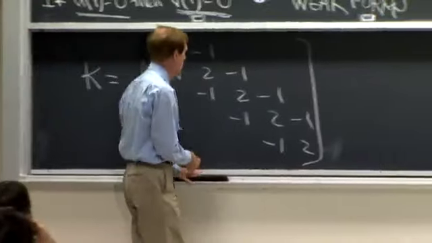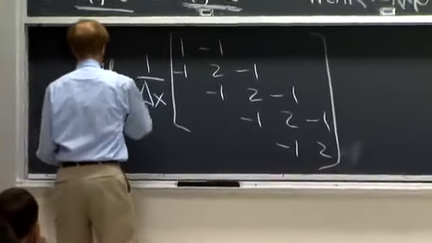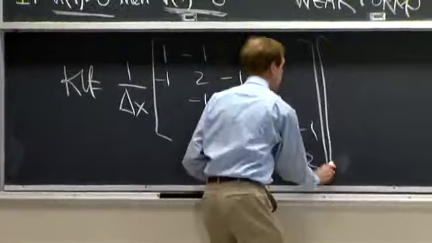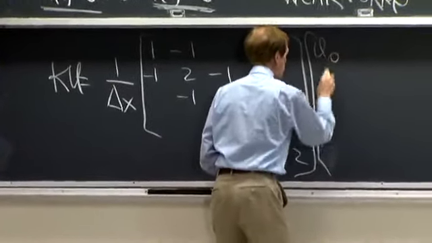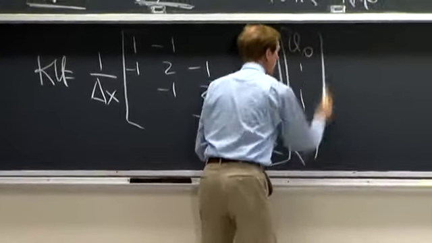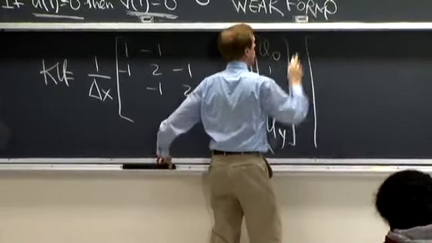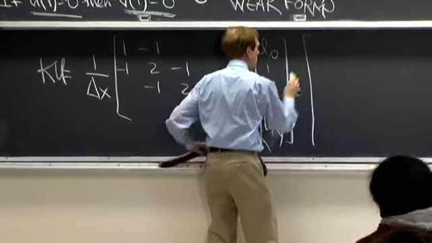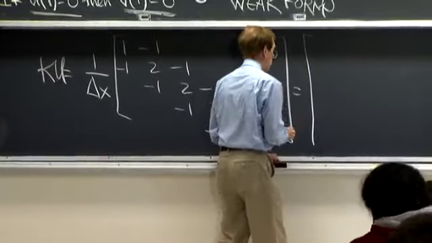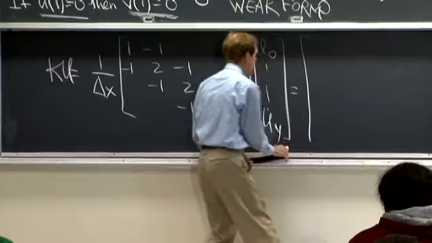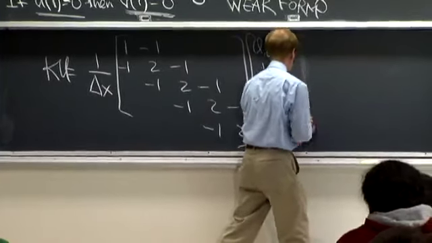And the F, so KU, this thing multiplies U0 to U4, and it produces F, which is the 1 over delta, which is what? Oh, delta x is in the numerator, right.